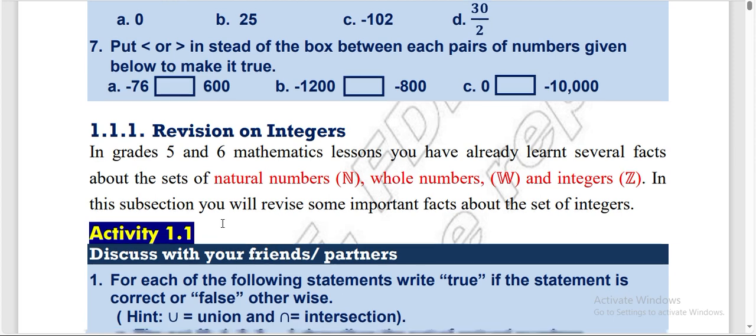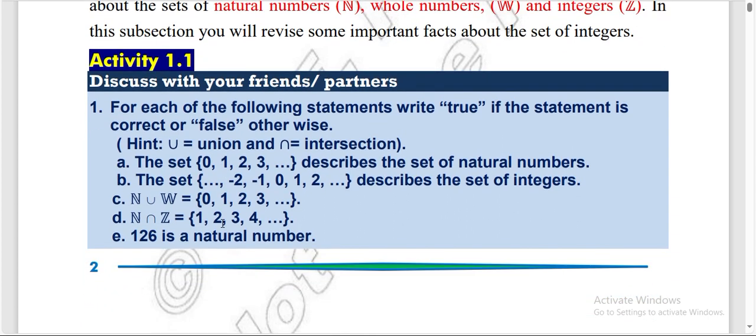Discuss with your friends or partners. Please discuss in groups, and before seeing the answers, you should analyze by yourself.